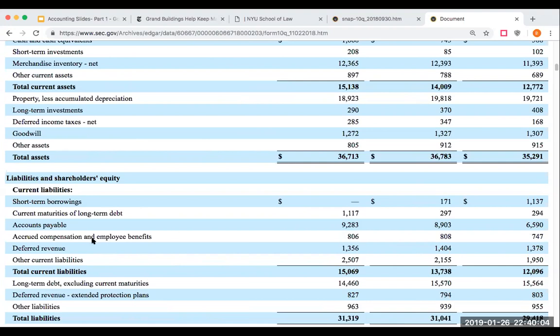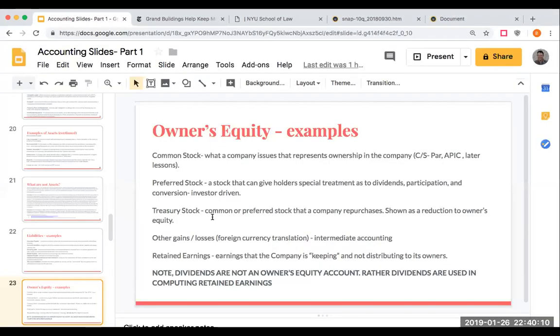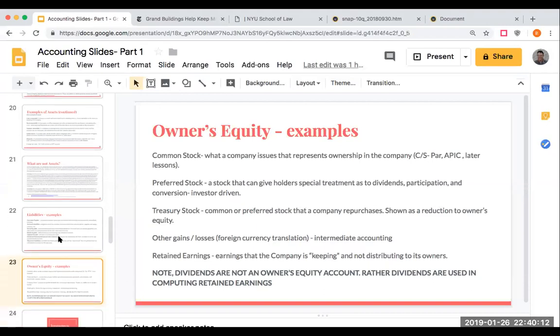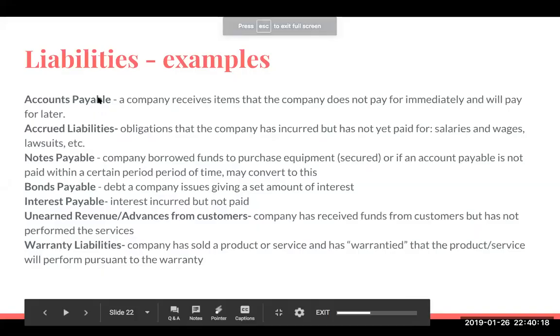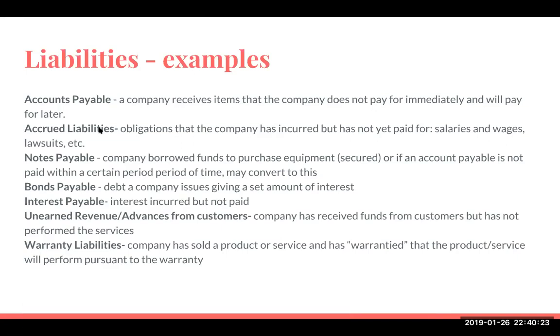Here's another example here, accrued compensation and employee benefits. This is what we call an accrued liability. And it's different than the accounts payable because the accounts payable really arises out of inventory type transactions. Either inventory or somebody's provided a service for me, and that's really a payable.